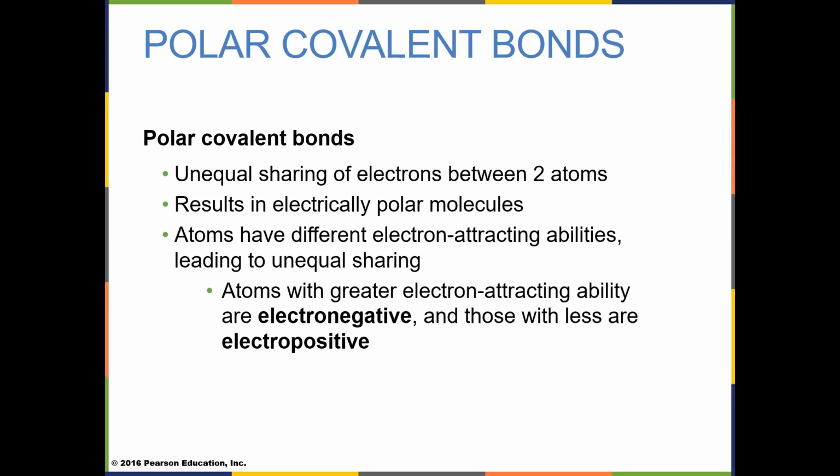Remember, in covalent bonds, you're sharing electrons. Every atom wants to have its valence shell filled up, whether it's adding an extra electron or adding 8 electrons. Well, when some atoms share, they don't share equally. They're still going to share, but it's not an equal sharing.